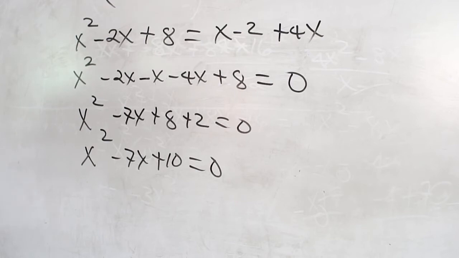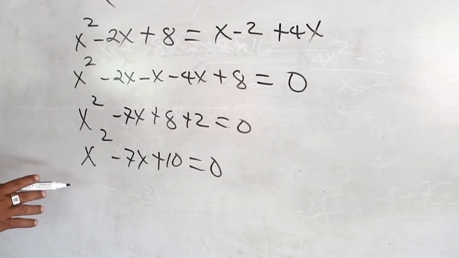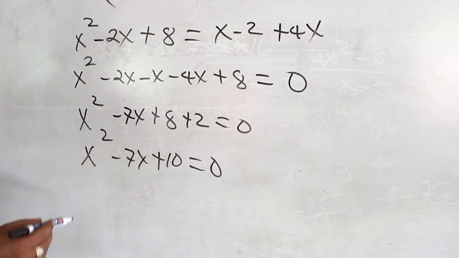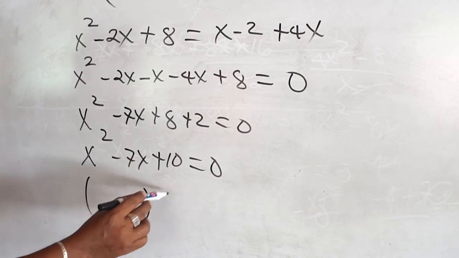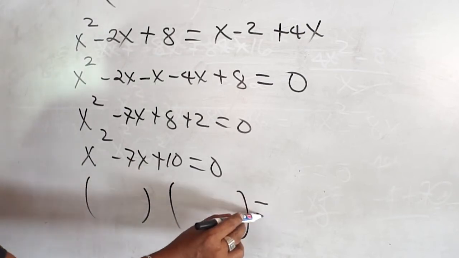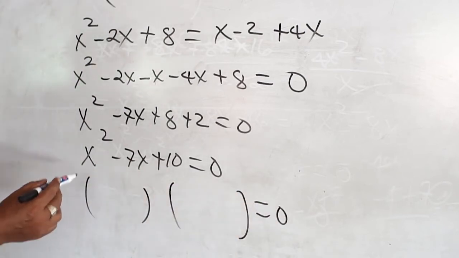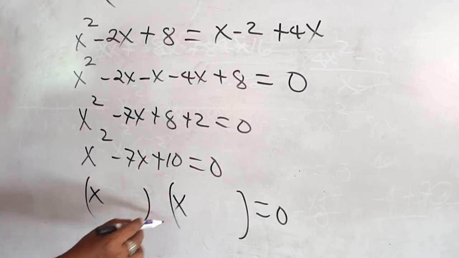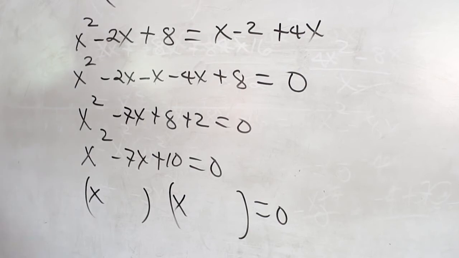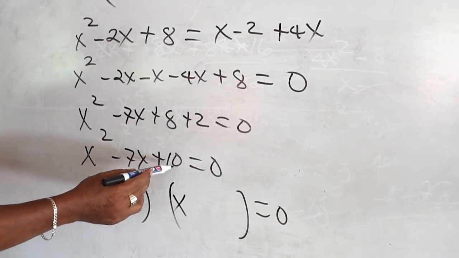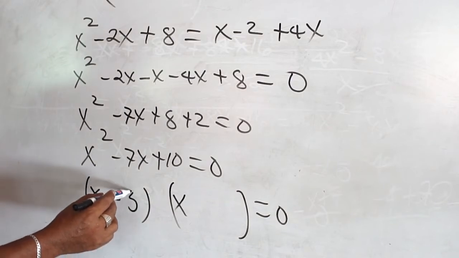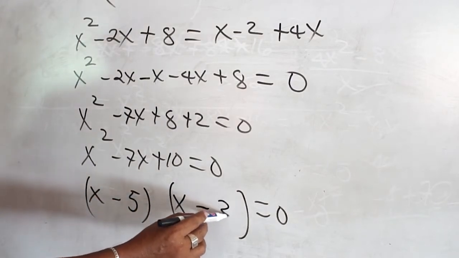This time, find the factors of x squared minus 7x plus 10 equals 0. Write two adjacent parentheses equals 0. The factors of x squared are x and x. Then the factors of 10 are negative 5 and negative 2.